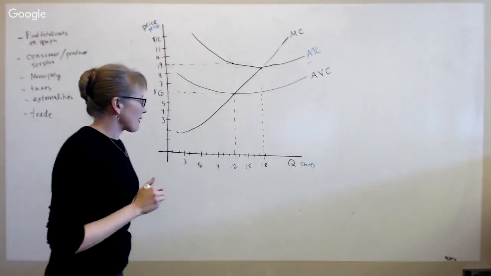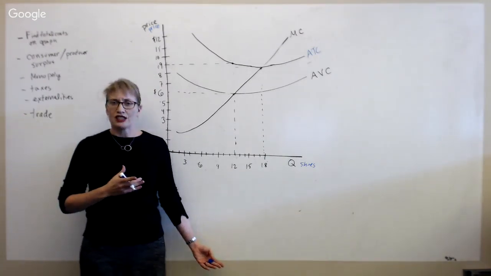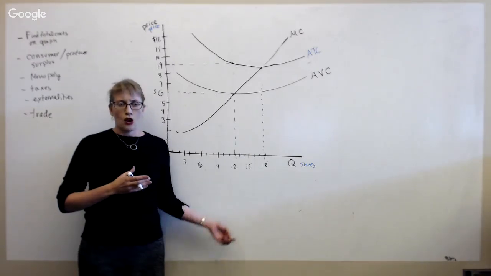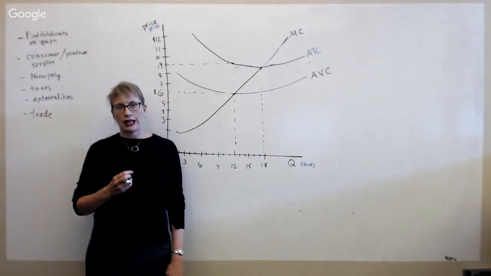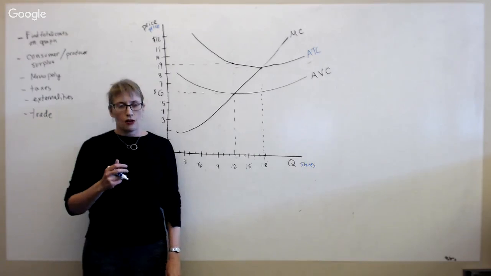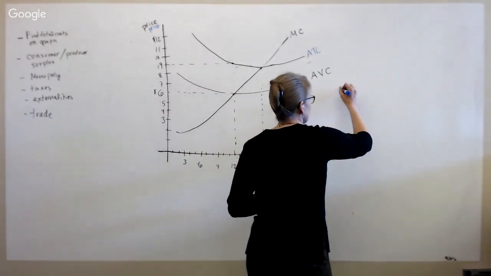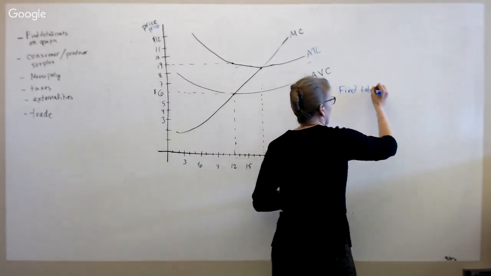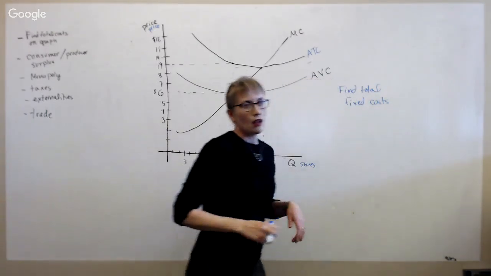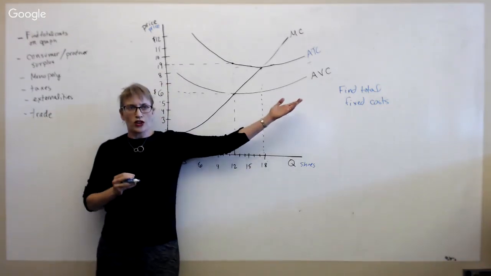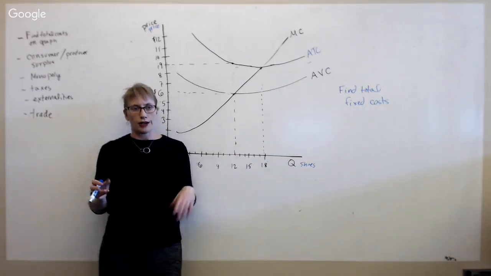Now, what if I asked, what are total fixed costs for this firm? We can find total fixed costs by looking at this graph. But before we think about total fixed costs, maybe we just want to think, well, we know that total fixed costs don't change as we vary our quantity.